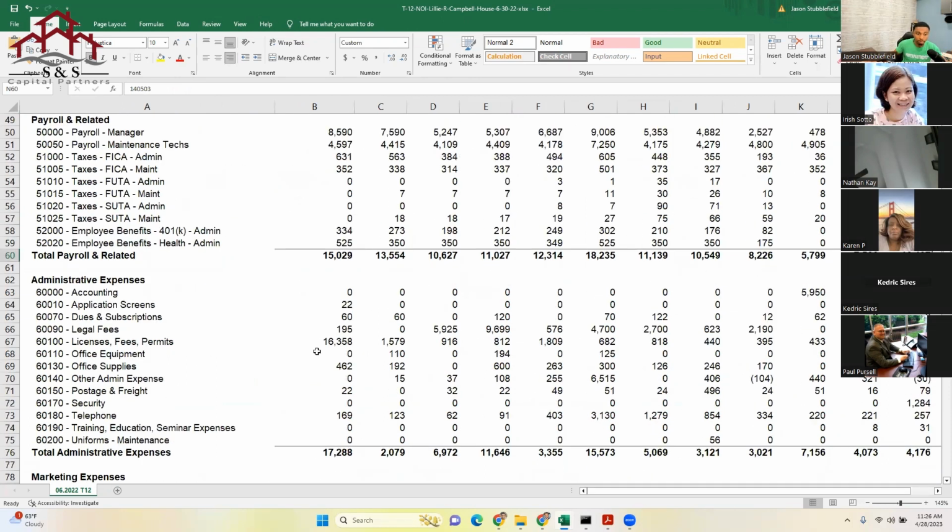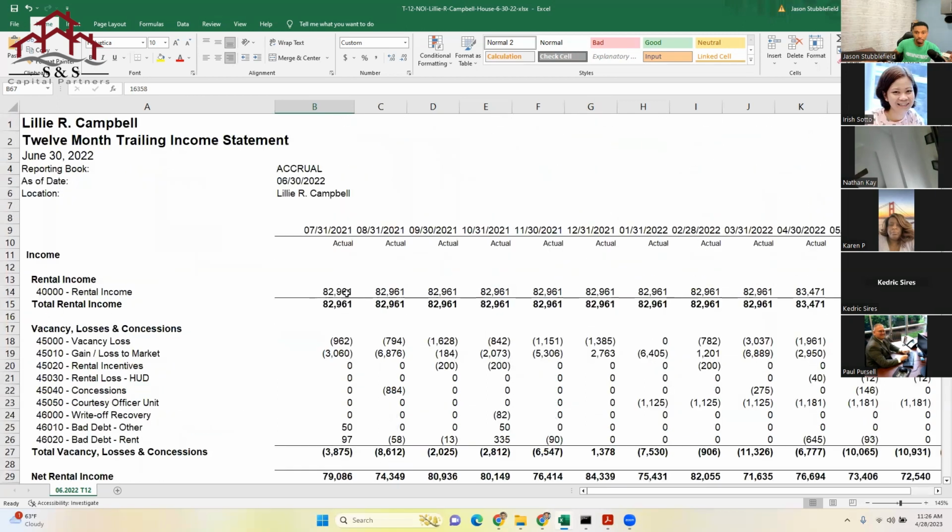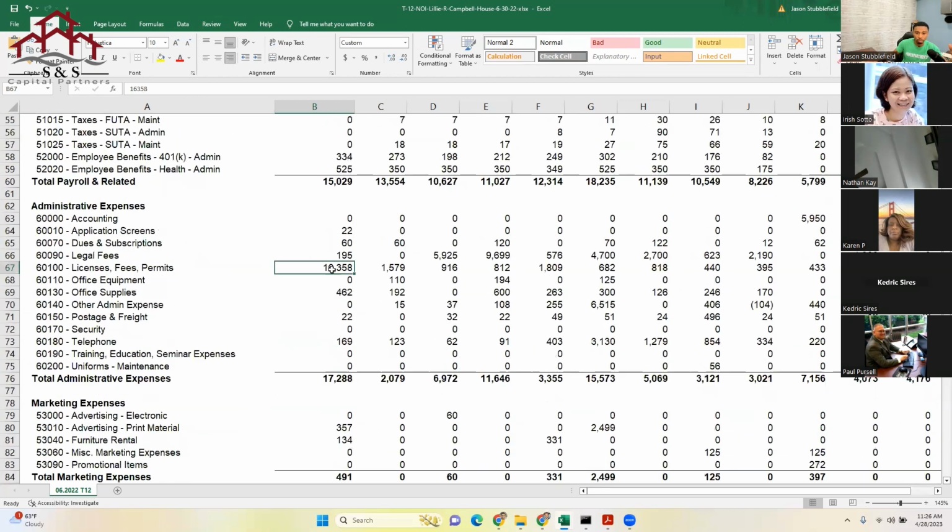But I want to show you something right now. On the admin expenses, you see there was $16,000 that was charged to this property in the month of, whatever this is, July. All right, so July, $16,000. Now the rest of the time, this is only $1,000, $1,500 the next month, $900 the next month. So this is abnormal.